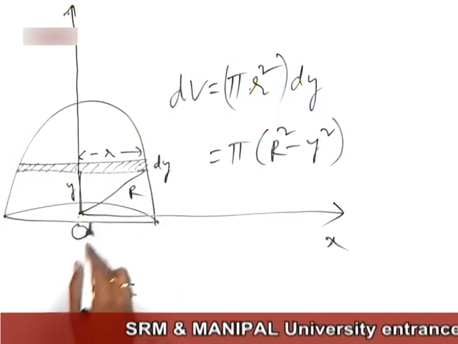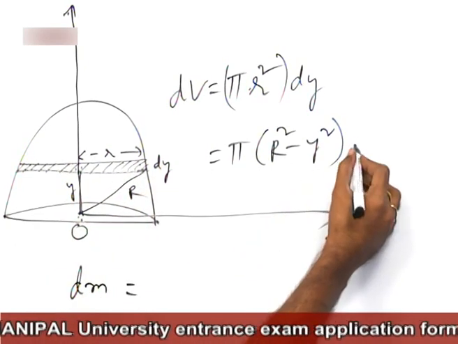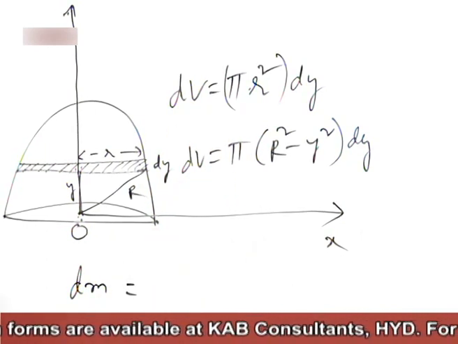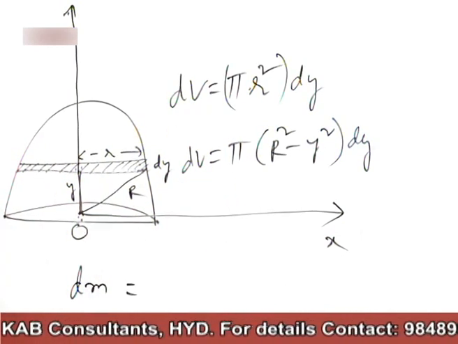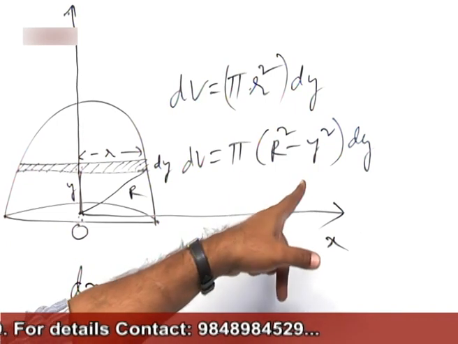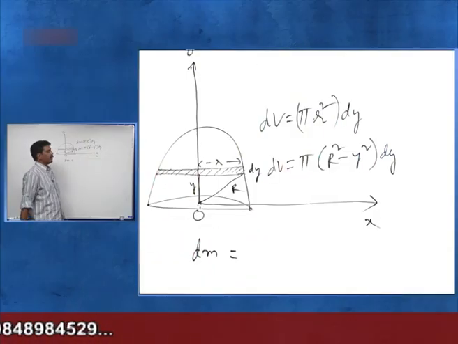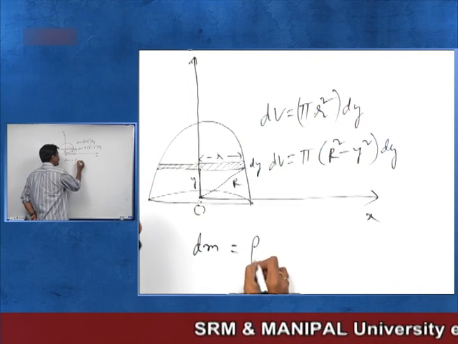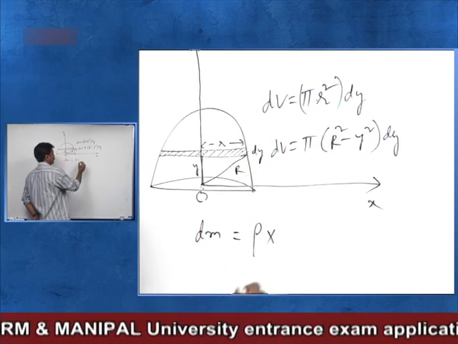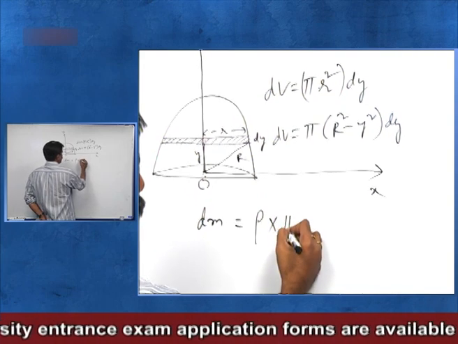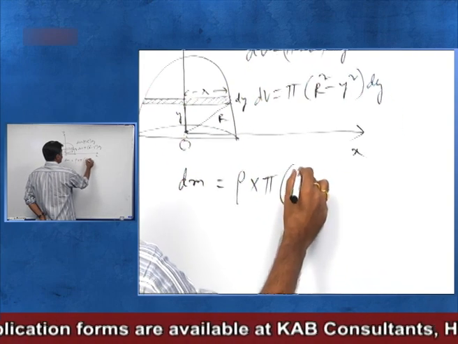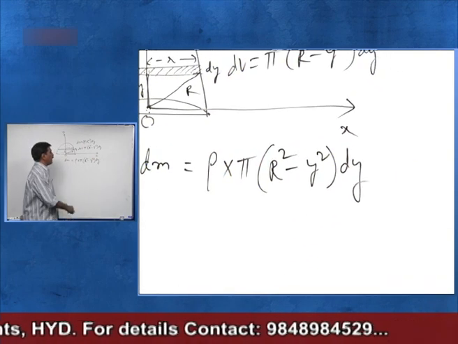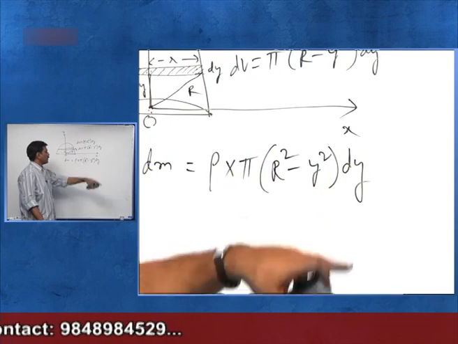So dV, the volume of the element, is pi into (r square minus y square) into dy. Therefore the mass of the element will be density into volume, which is rho into pi into (r square minus y square) into dy.